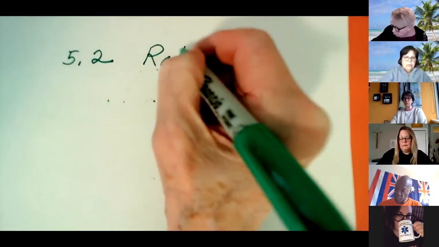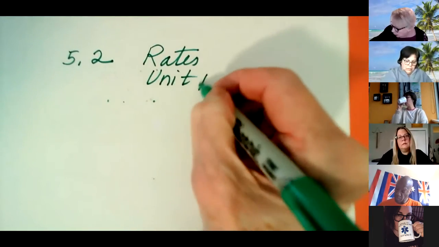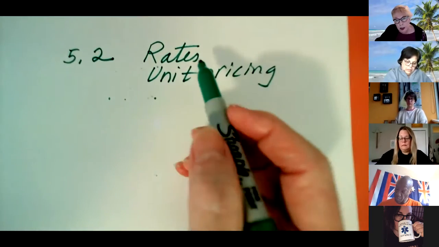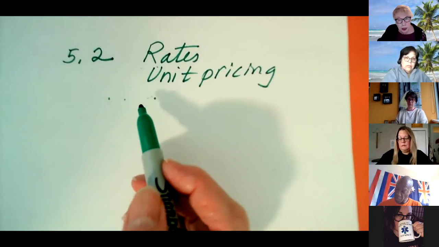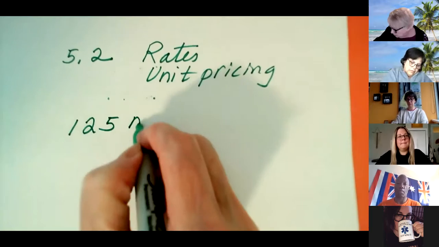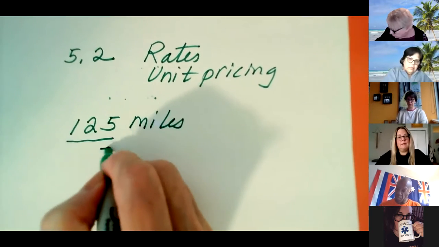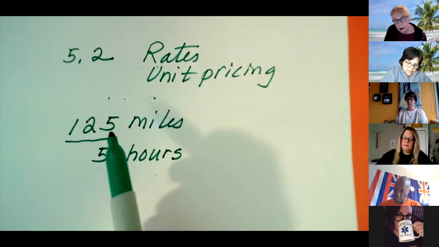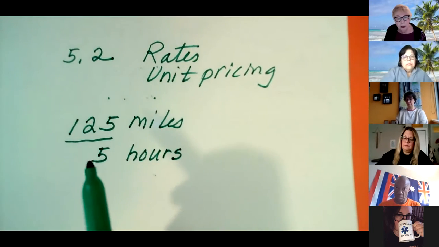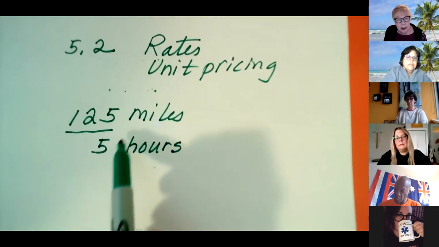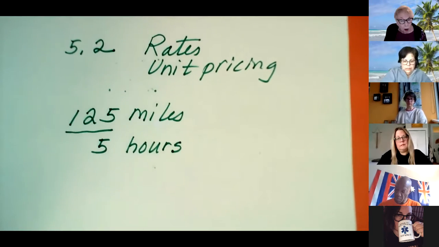This next section is about rates, and they also call it unit pricing. So rates are just ratios, and most of the time they have labels. So for instance, if they wanted the ratio of 125 miles to 5 hours, it always makes sense if you can say this in a simpler, smaller, more concise way, then that's good.